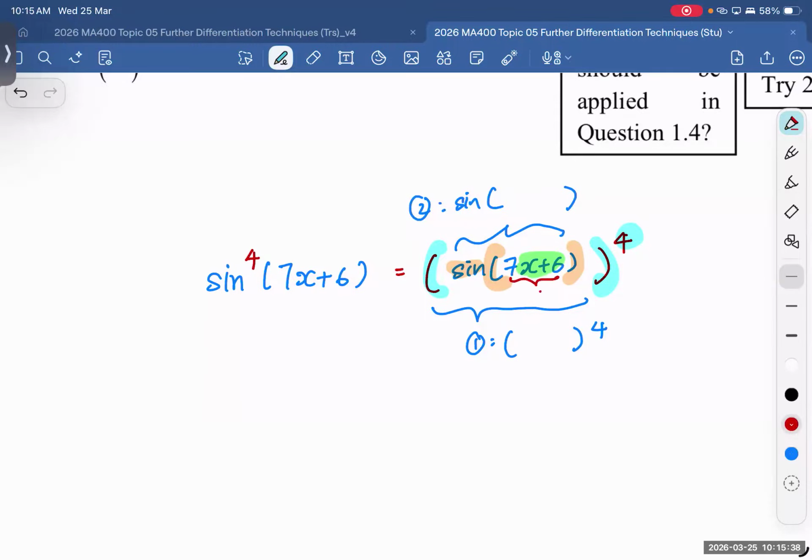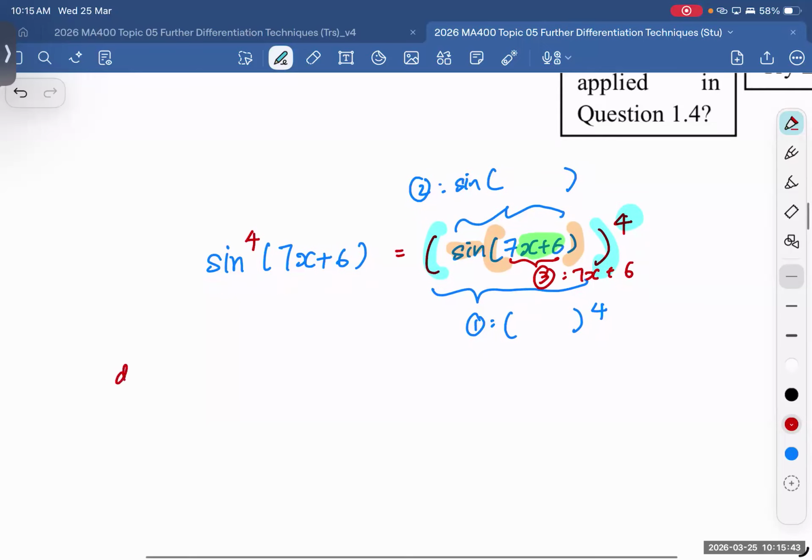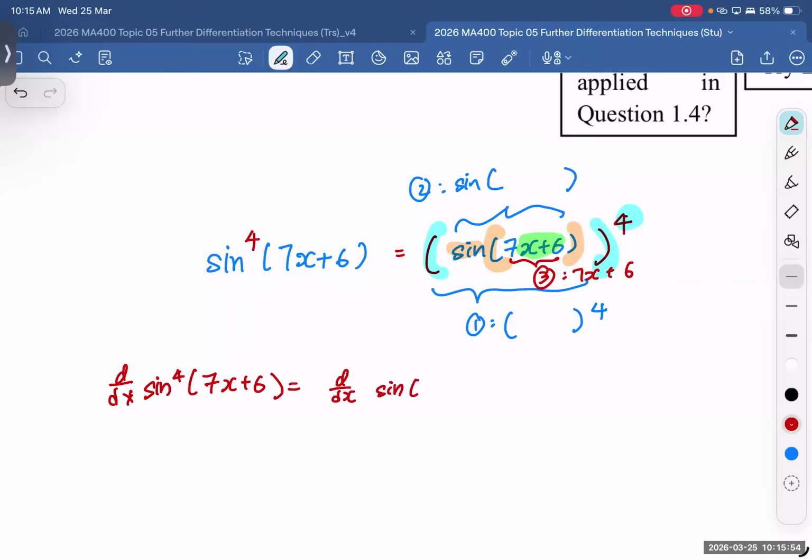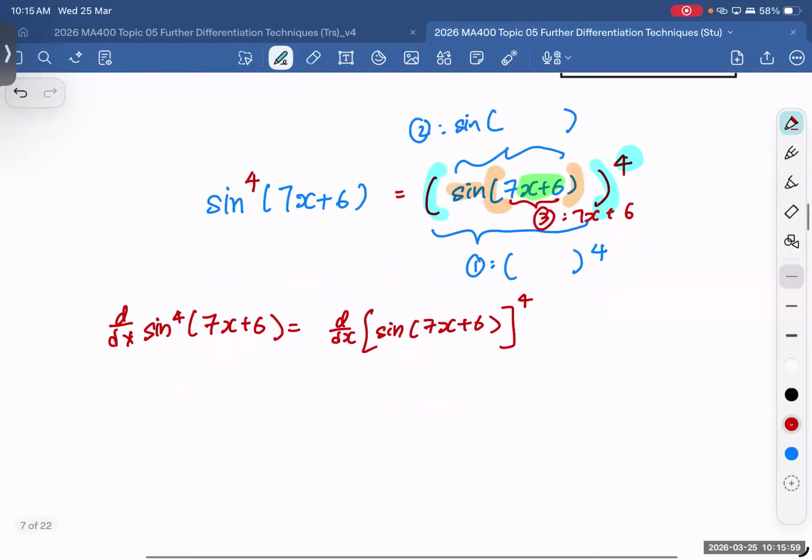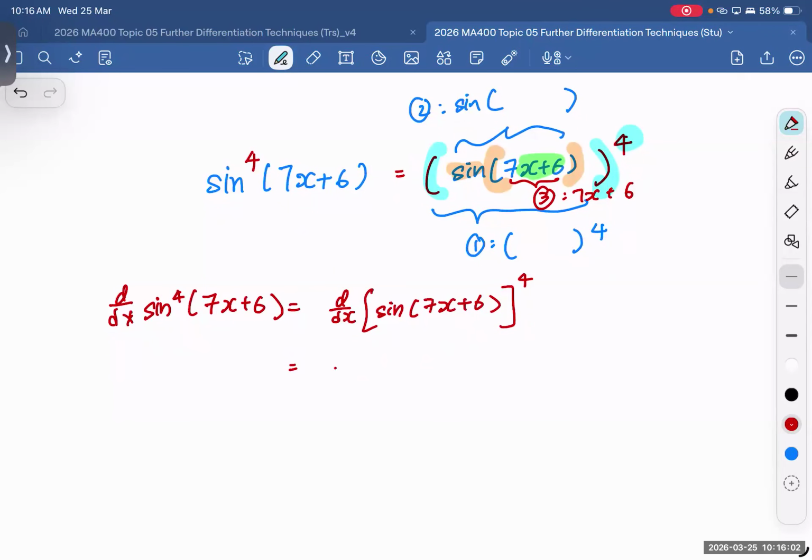Layer 3 is 7x plus 6. So if I differentiate sine 7x plus 6, the entire thing to the power of 4, it will be differentiate layer 1 times differentiate layer 2 times differentiate 7x plus 6.